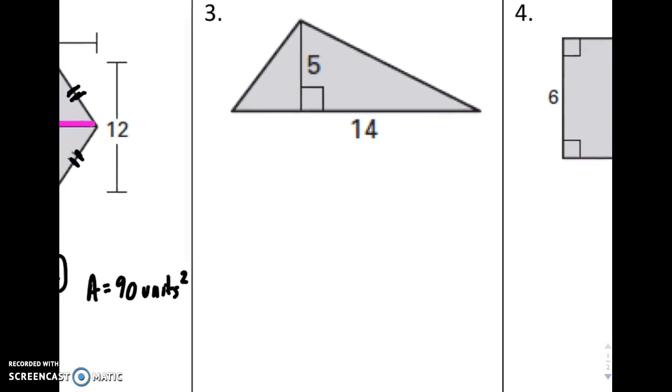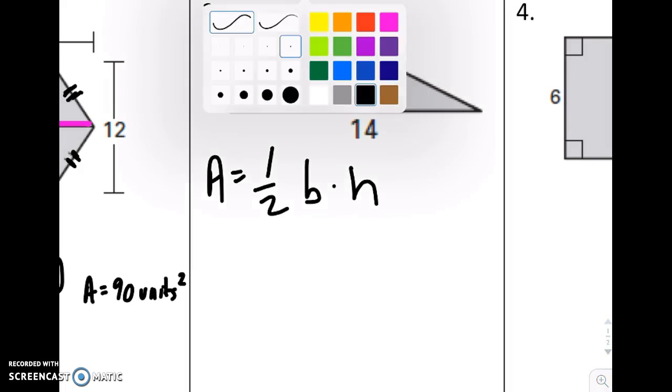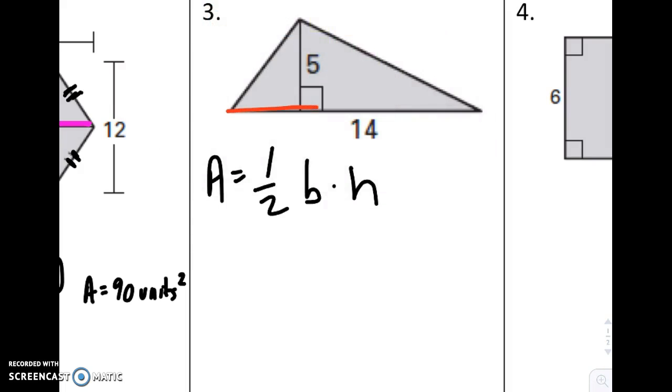Okay, moving on. Triangle. Area equals 1/2 base times height. And base can come in a lot of different ways. Typically it's the bottom, but it won't always be that way. In this situation, our base is going to be 14.